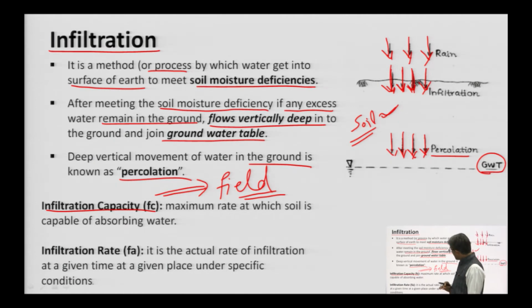So, depending upon the field capacity or infiltration capacity, the quantity of the infiltrated water being absorbed can be calculated. Okay. So, the infiltration rate is the actual rate of infiltration at a given time at a given place under a specific condition.